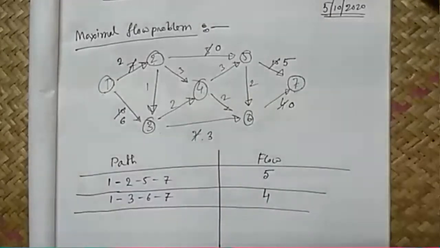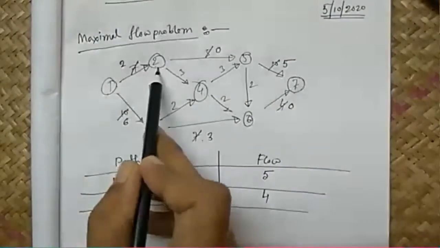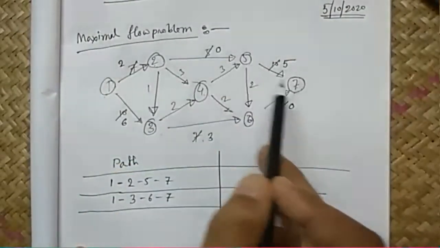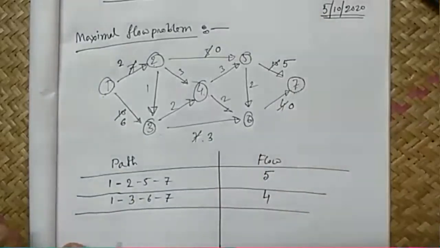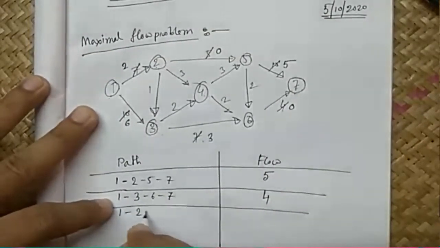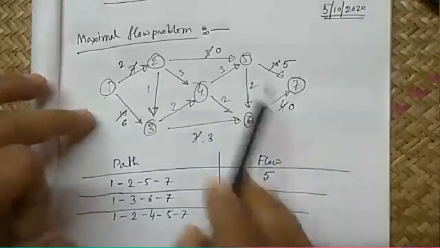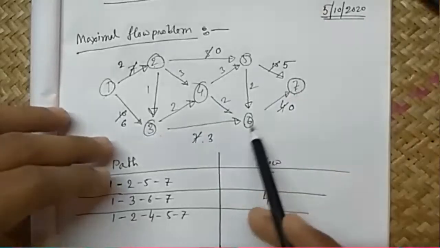Now the question is, how can we use the 5, 7? The 5, 7 can be used like this. If you start 1, 2, 4, 5, 7, because we have to use 5, 7 only, 6, 7 is exhausted.